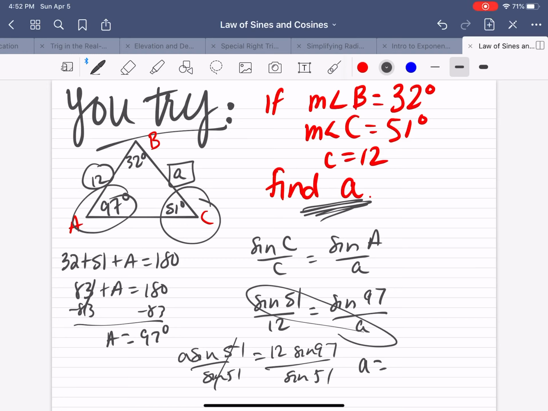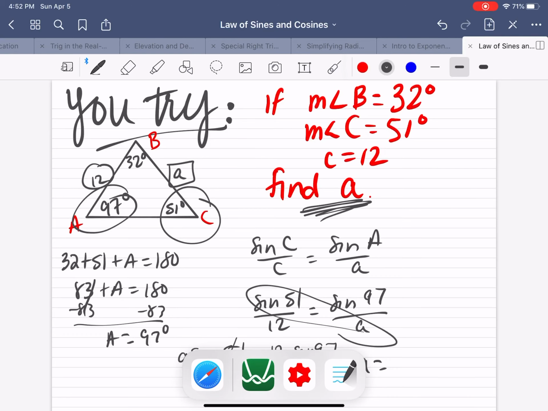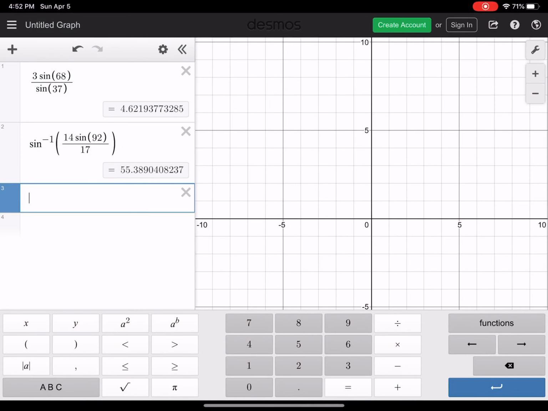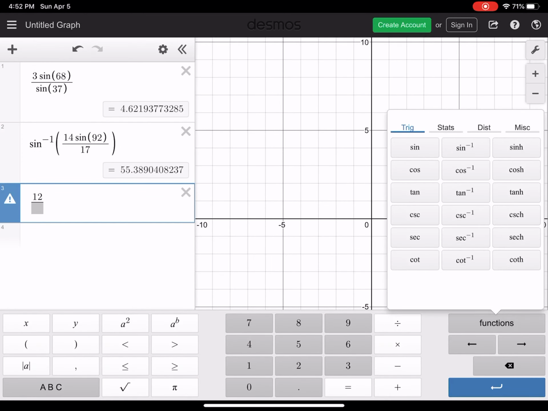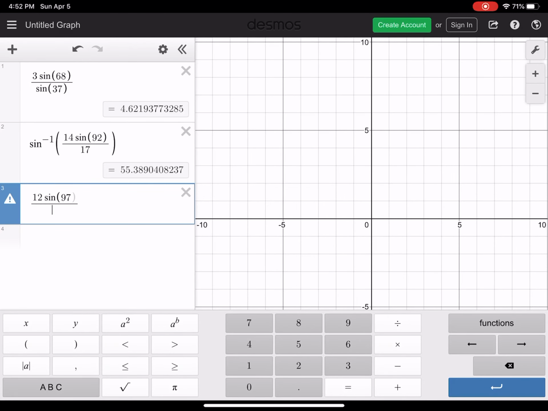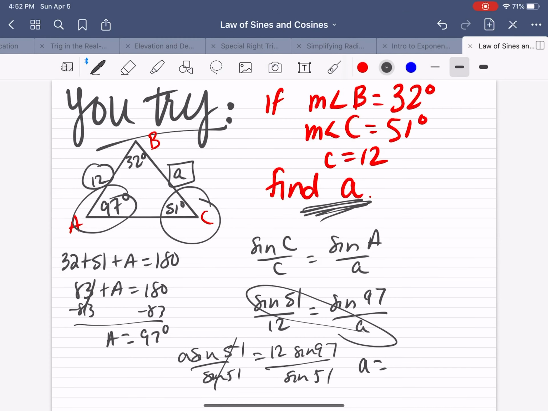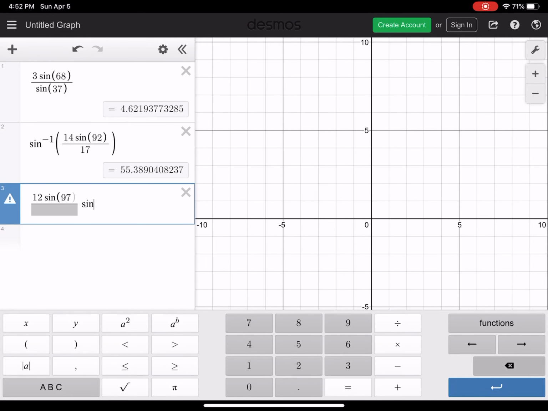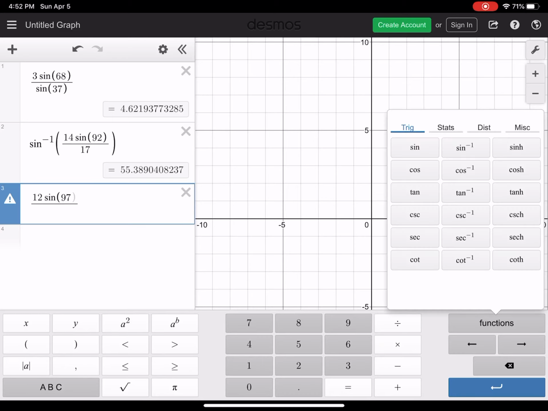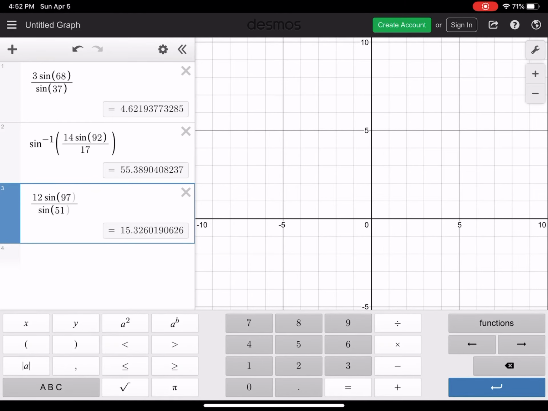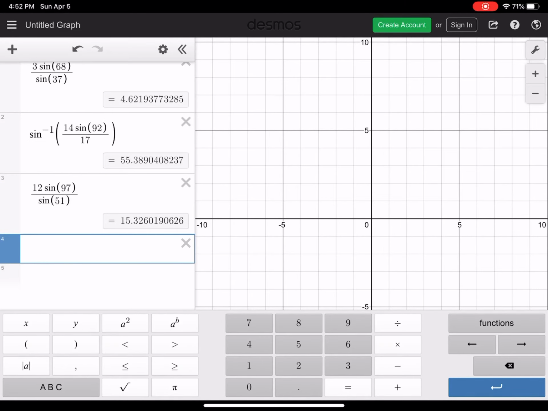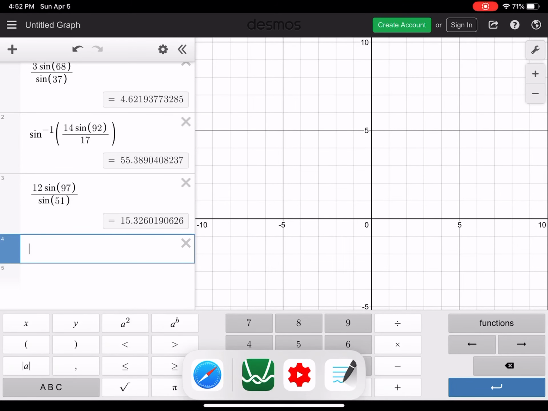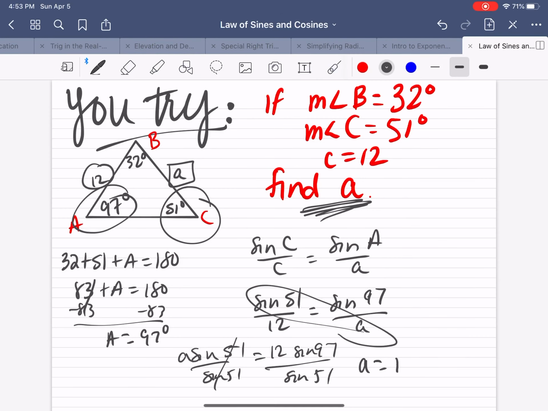And a is equal to 12 sine 97 divided by sine of 51. So the answer is 15.3 if we round to the nearest tenth. So that's the measurement for side A.